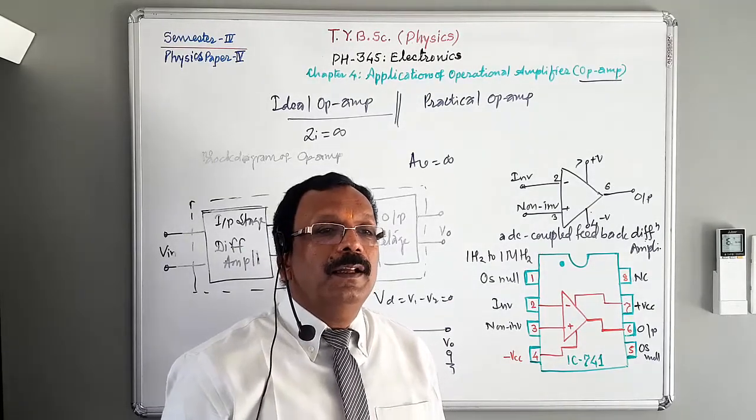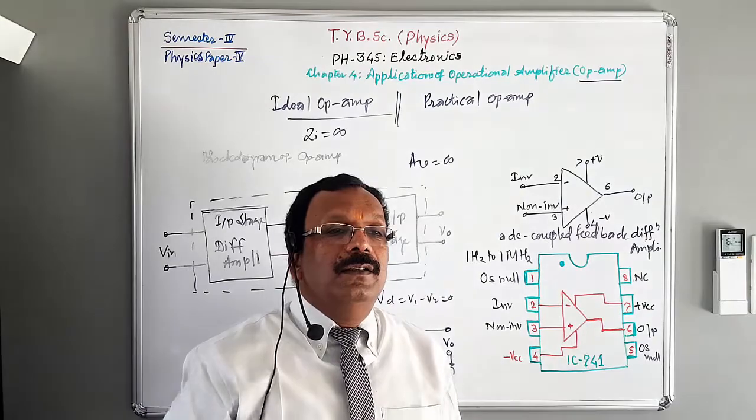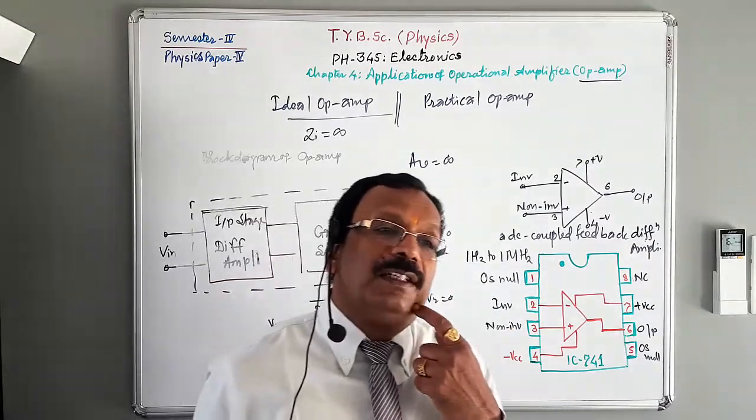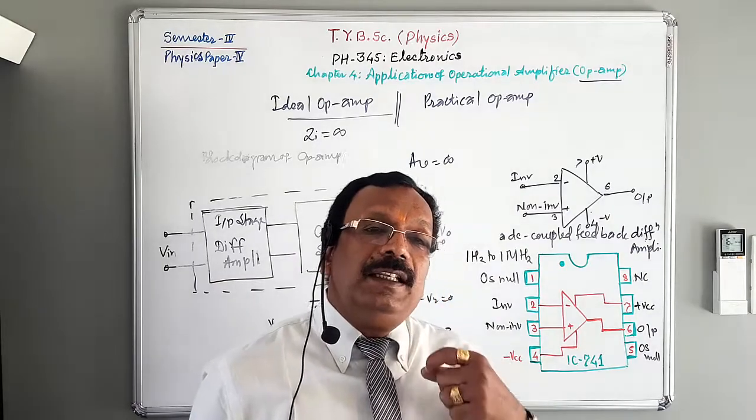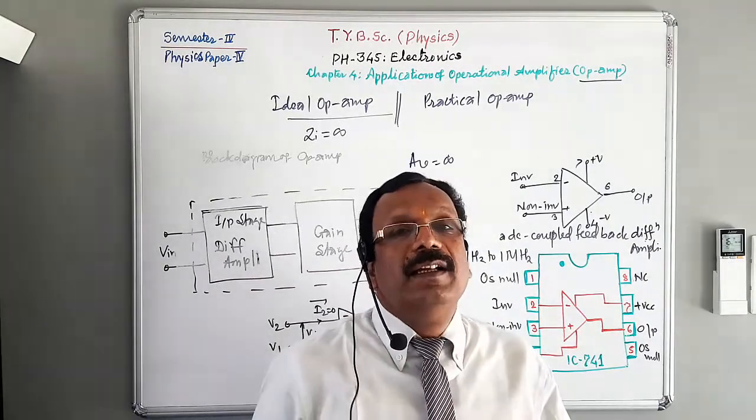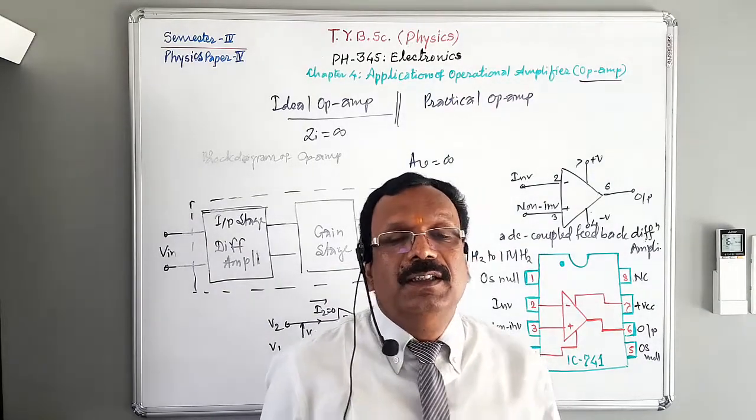Then offset voltage and current offset. In case of an ideal op-amp, there is 0 voltage and current offset.